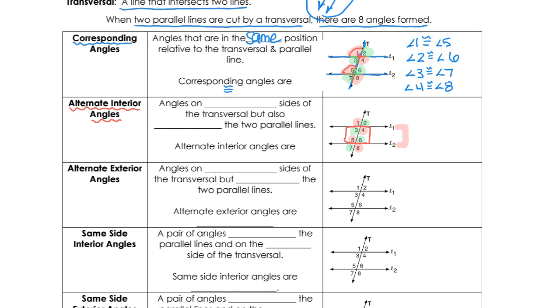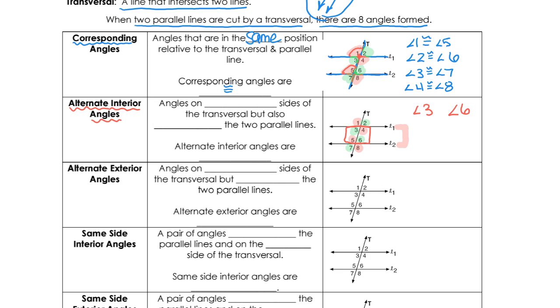So if I go ahead and pick angle 3, its alternate interior angle would be angle 6. So 3 is on the left-hand side. Alternate refers to on the other side, which would be 4, but at the other end, which would be 6. Because remember, they still have to be on the interior of the parallel lines.